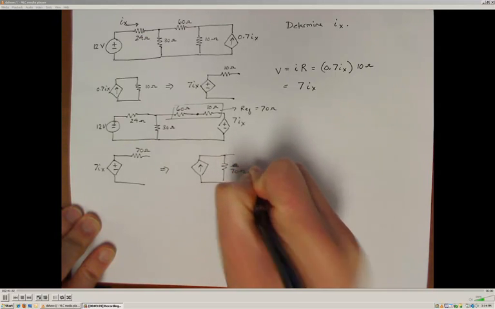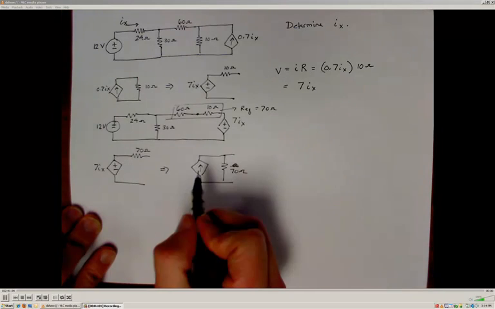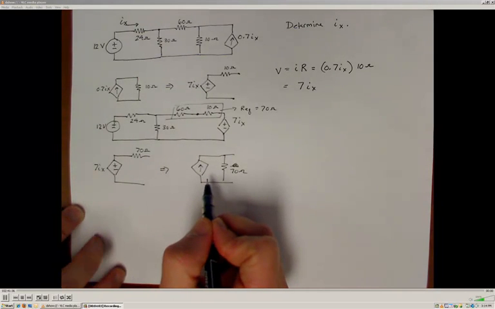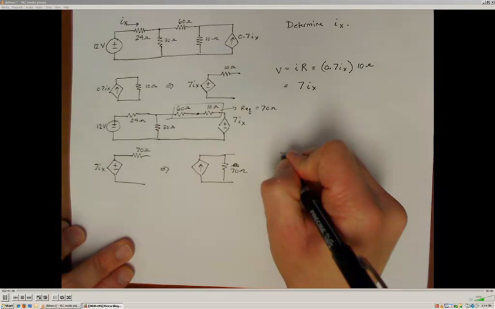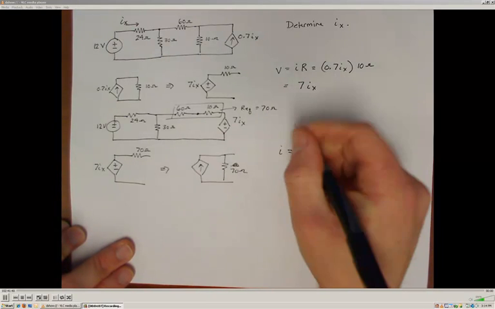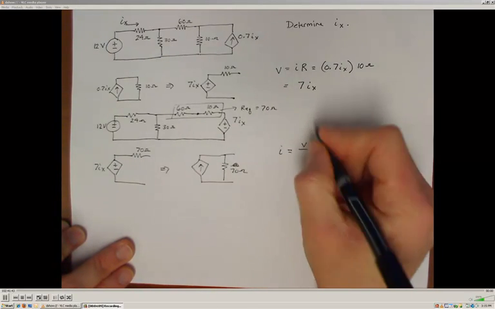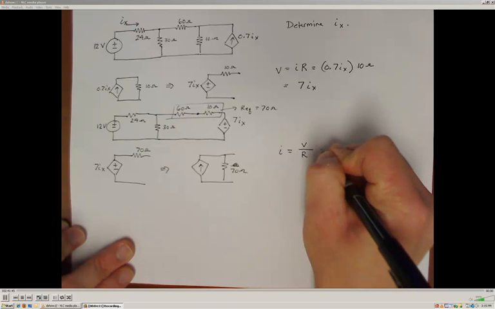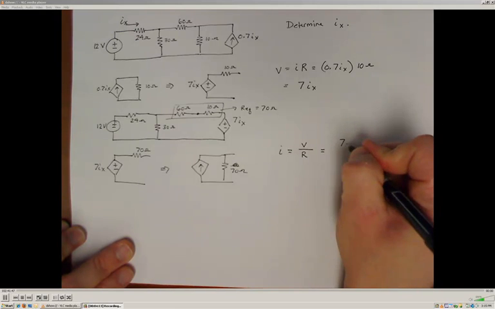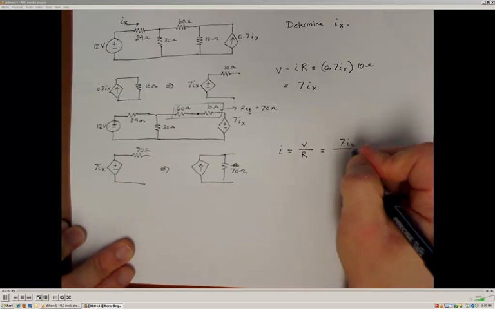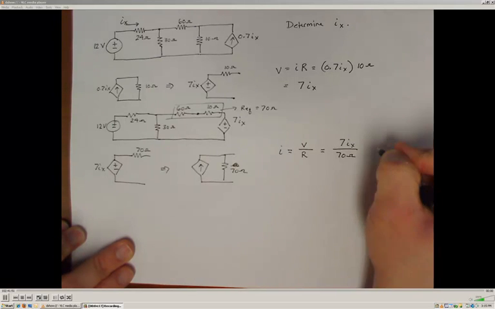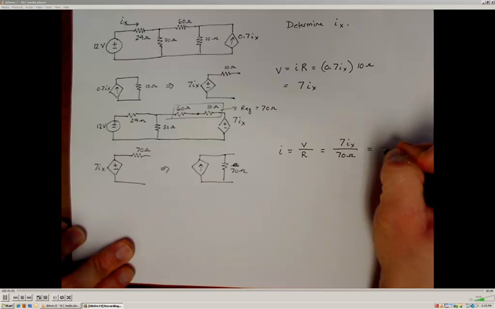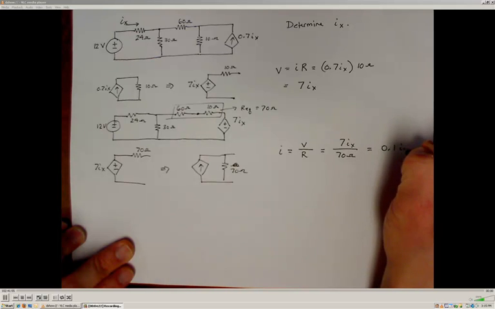Alright, so again I need to determine the value of that current supply, and the way we do that is again using Ohm's law. So the current supply must be the voltage divided by the resistance, which in this case our voltage supply is 7 Ix. I'm going to divide that by the 70 ohms, which gives me a current supply of 0.1 Ix.